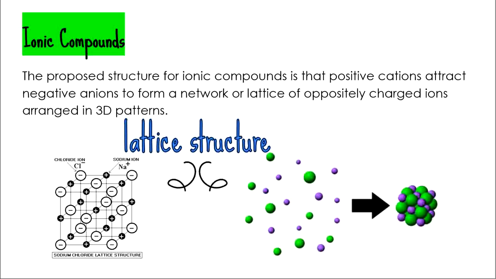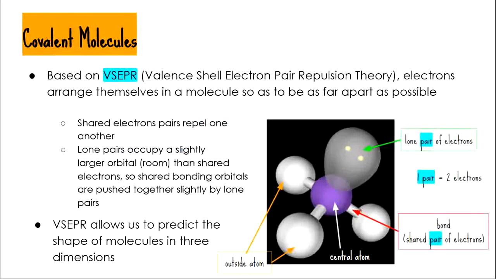Now for covalent molecules, it's a little different. There is no one structure for all covalent molecules. You guys just explored all the different shapes of covalent molecules. The shapes come from a theory called valence shell electron pair repulsion theory, otherwise known as VSEPR.